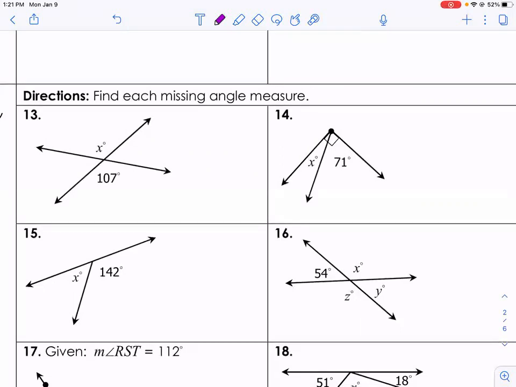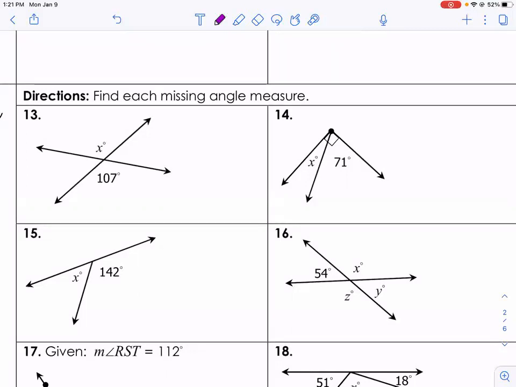Number 1, 7. Number 2. Number 15, the ones you can see on the board. 13. I used to know how to do this, but I don't. Are we solving for 54? Yeah, 54. Then we have to solve for one. So what's 180 minus 74?